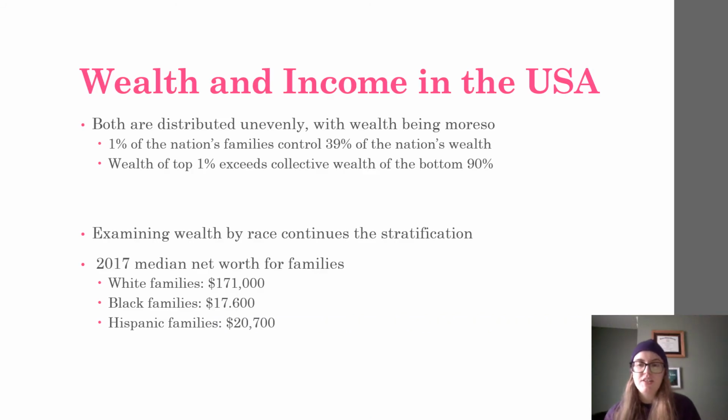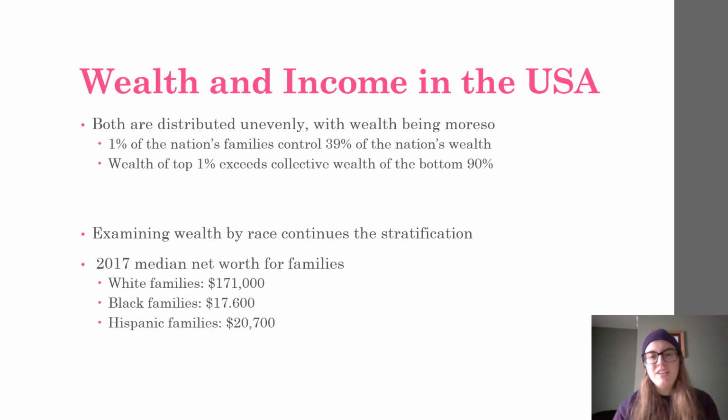And in thinking about the US in general, wealth and income are both distributed unevenly within the US, right? And wealth is really more so. The wealth of the top 1% of people exceeds the collective worth of the bottom 90%. So if you just take the 1%, that's worth even more than the bottom 90% of people.